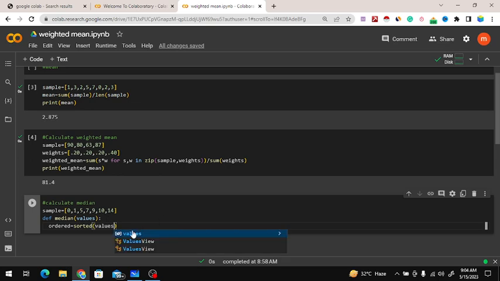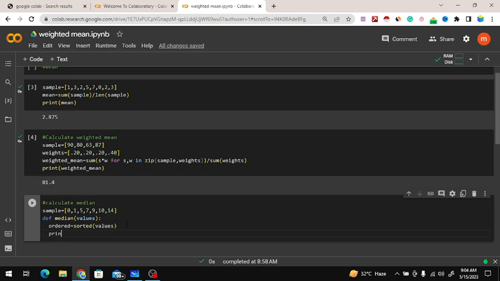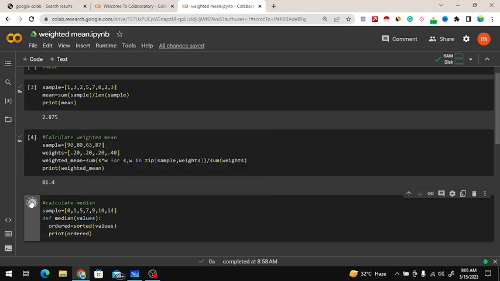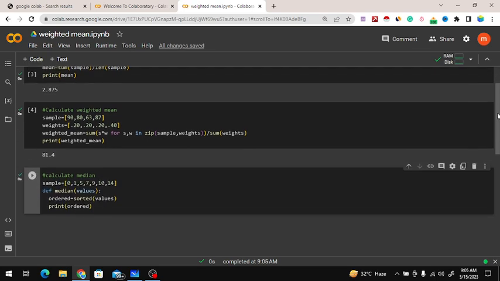Now print the order. First we have to print the order. And after that we have already printed your order.